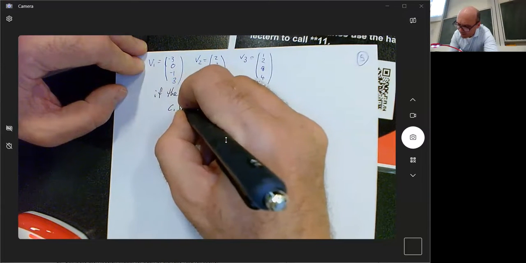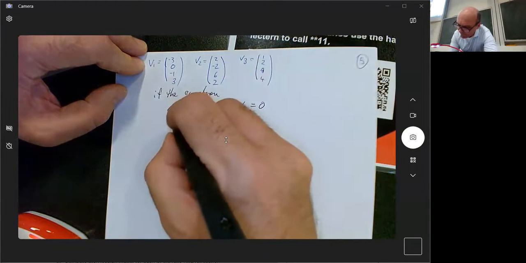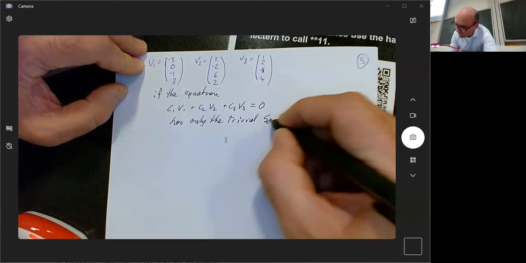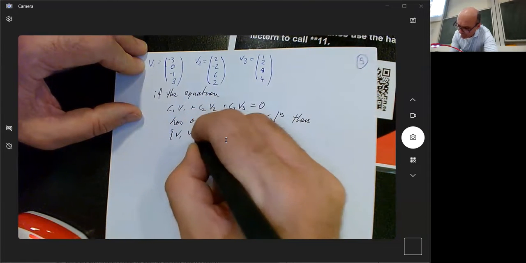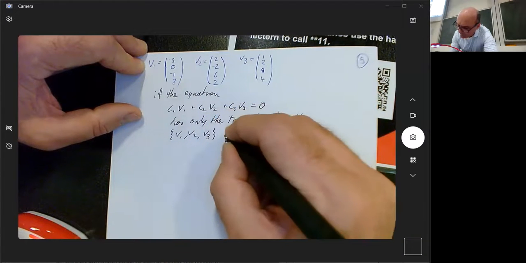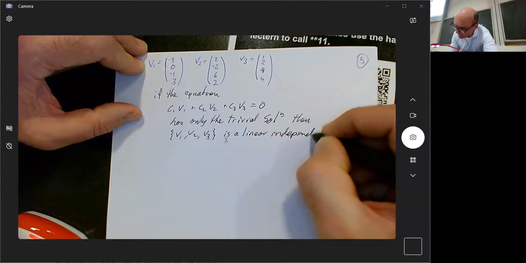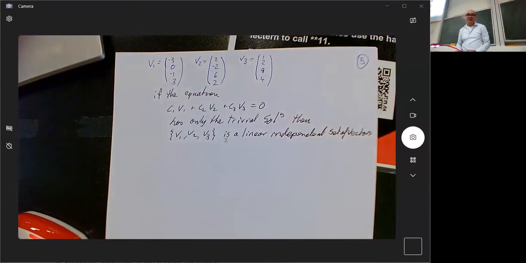my equation C1 V1 plus C2 V2 plus C3 V3 equals 0 has only the trivial solution, then this set of vectors V1, V2, V3 is a linearly independent set.